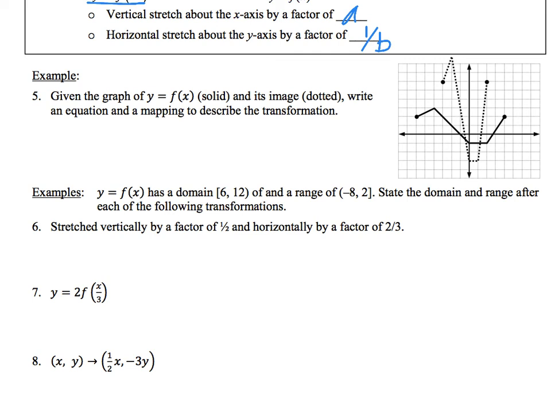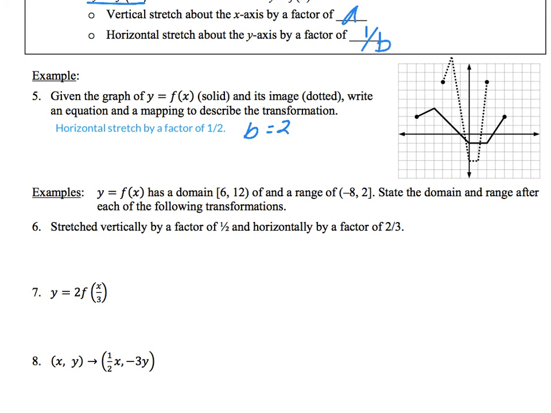And as we look at the other end, this point here that was at -6 gets mapped to here, which is an x value of -3. So we can see that there's been a horizontal stretch by a factor of a half. Now remember that this means that our b value will actually be the reciprocal of a half, so it'll be 2.